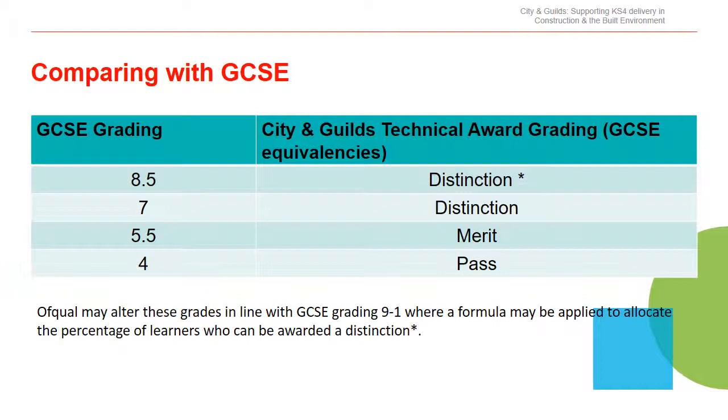So, for example, Distinction Star on your performance tables will be worth 8.5 points. A distinction is worth 7 points, a merit is worth 5.5 points, and a pass is worth 4 points. Ofqual may adjust or alter these grades in line with any alterations to GCSE grading, or where a formula may be applied to allocate the percentage of learners who can be awarded a distinction star.